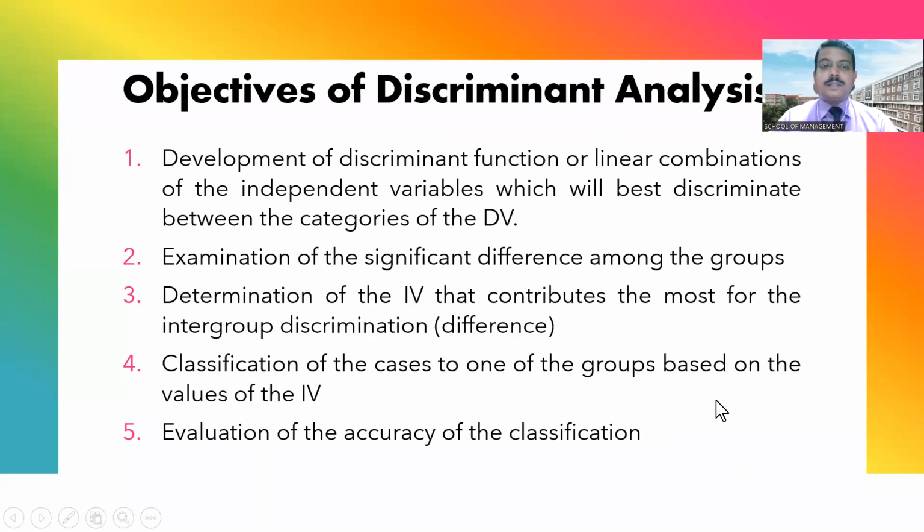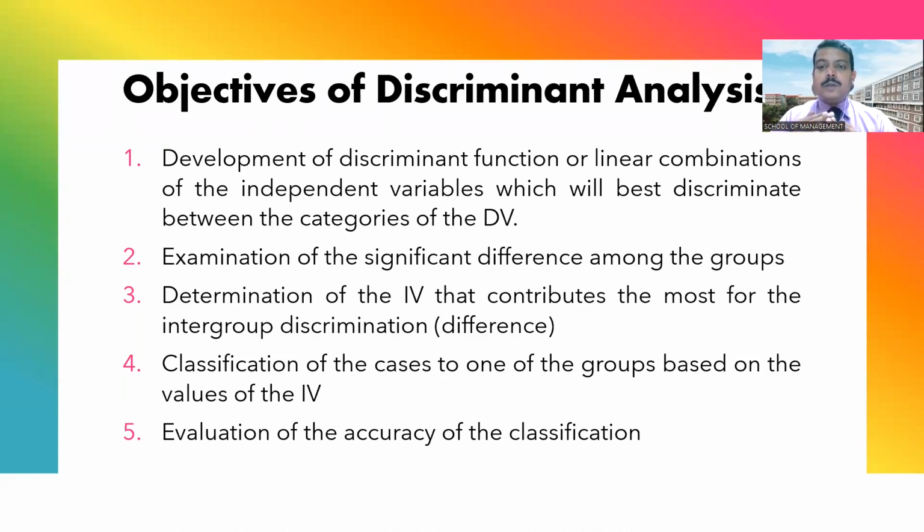Objectives of discriminant analysis, I have listed five objectives. First, when we run discriminant analysis through SPSS or any software, one of the main objectives is to determine the discriminant function. We have to write the discriminant function, a linear combination of the independent variables, which will best discriminate between the categories of the dependent variable.